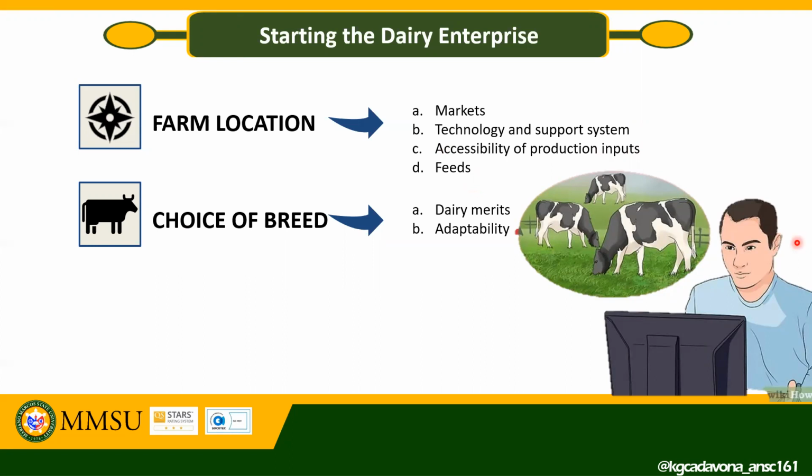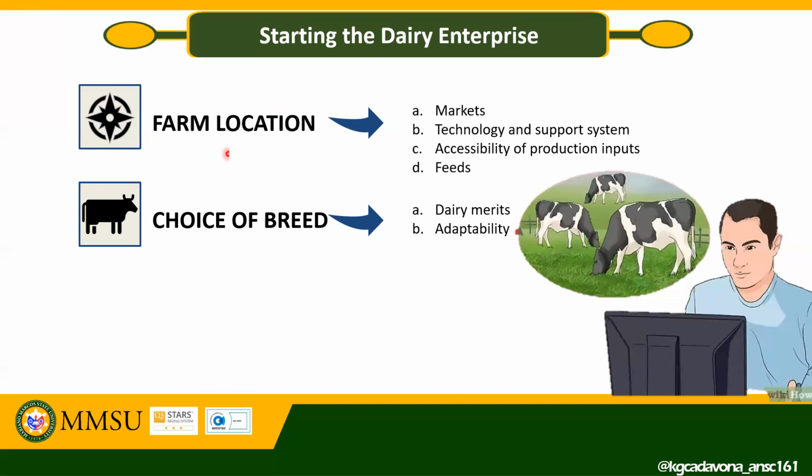So basically, in choosing your farm location, the farm should be located in an area where fodder crops can be economically produced, and it is advantageous if crop residues or farm byproducts which can be used as feeds for these dairy animals are available. What are some examples of this? We have sugarcane tops, corn stover, or rice straw, among others.